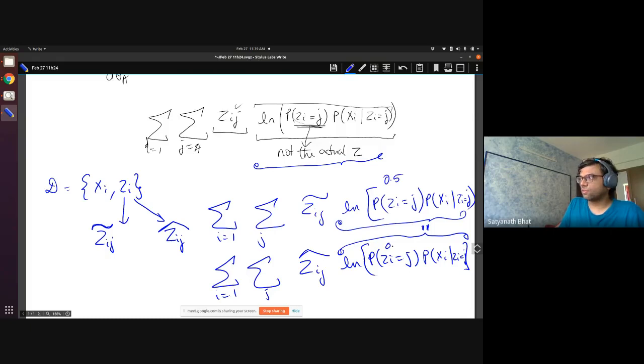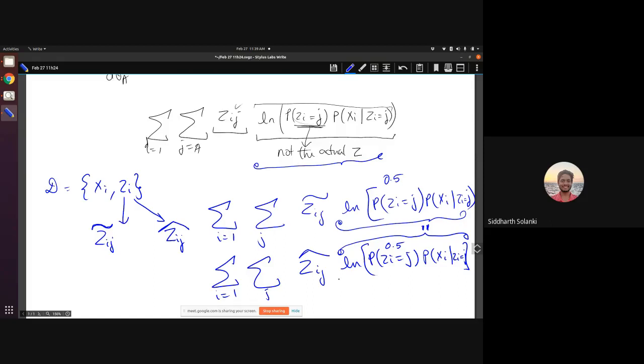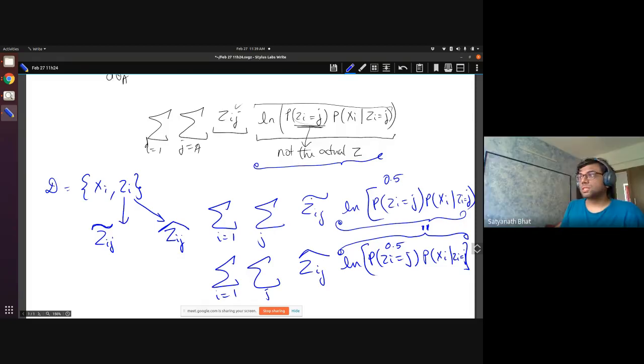So this is 0.5. But sir, that's where the confusion comes in: what is this probability saying, that the ith sample belongs to the jth class? No, right now this is no probability. I'm saying this is actual data. You are actually seeing the assignment.